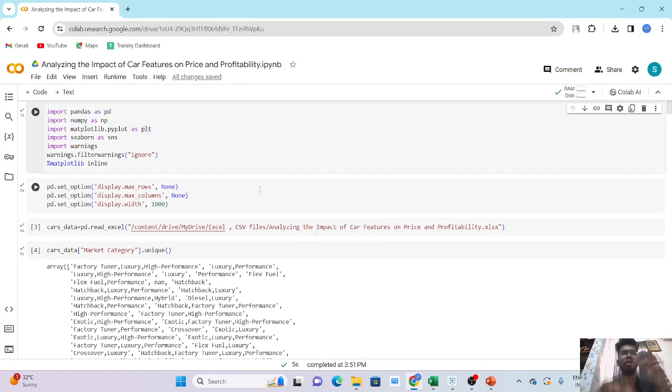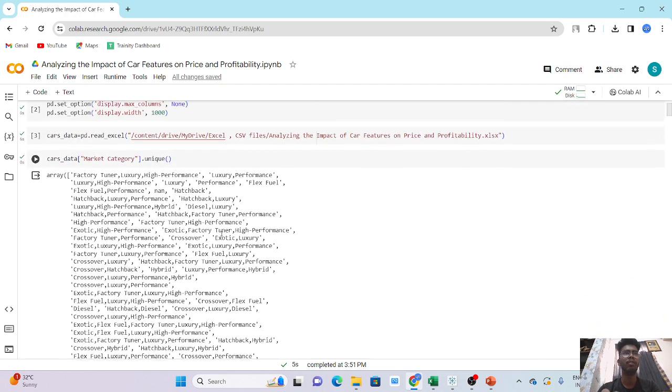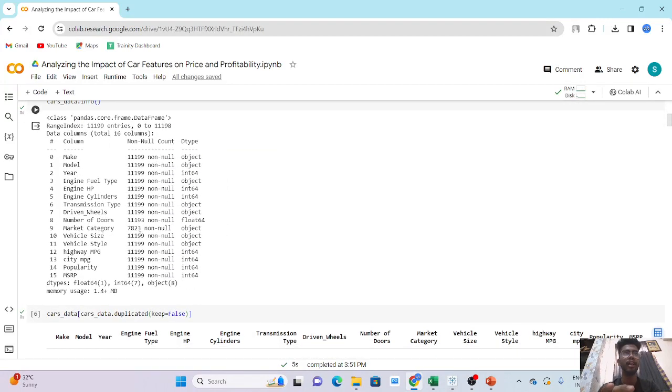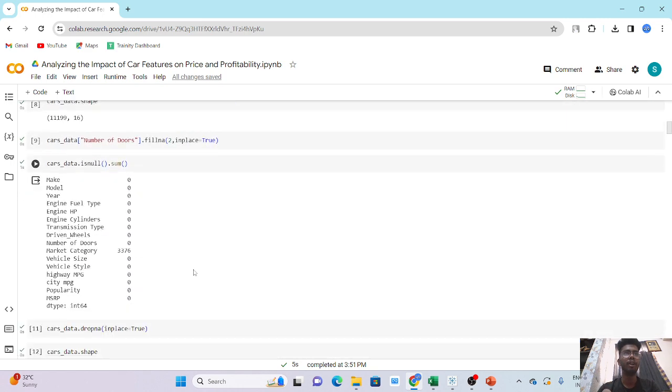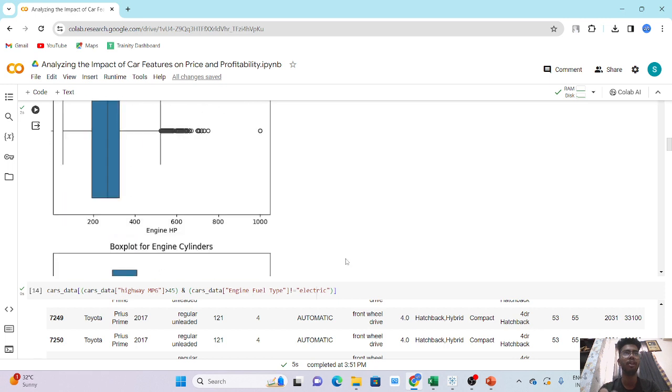This is the notebook. We have imported the required libraries and then checked the missing values. You can see that the market category contains missing values. First of all, we found the outliers.